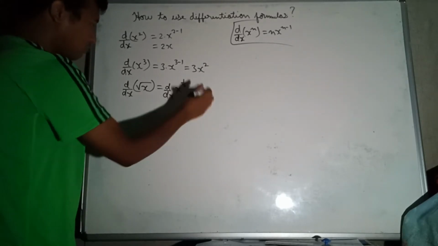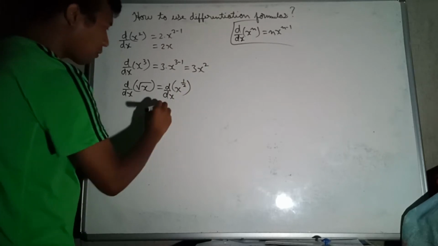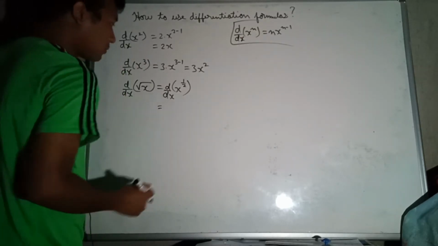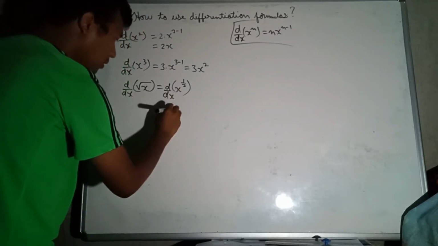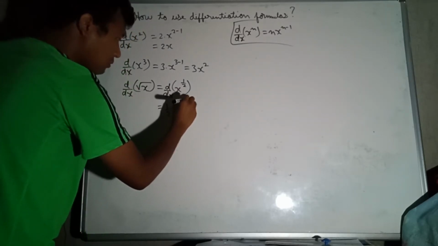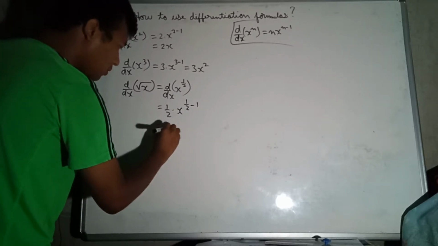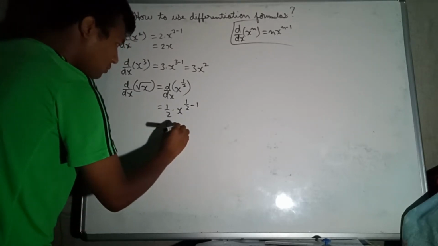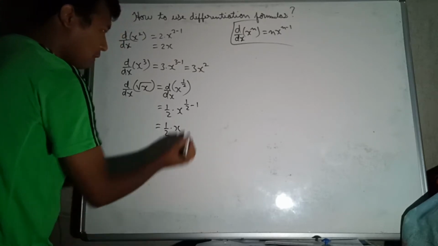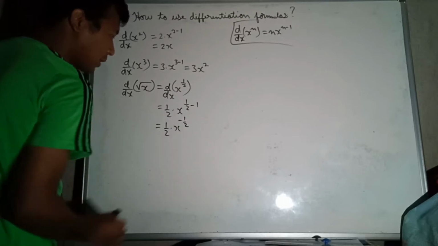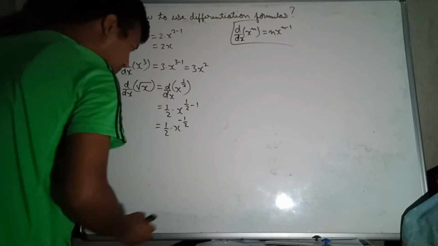So d/dx of x to the power 1 by 2, using the formula, is 1 by 2 into x to the power 1 by 2 minus 1. So this is equal to half into x to the power, 1 by 2 minus 1 gives minus 1 by 2.